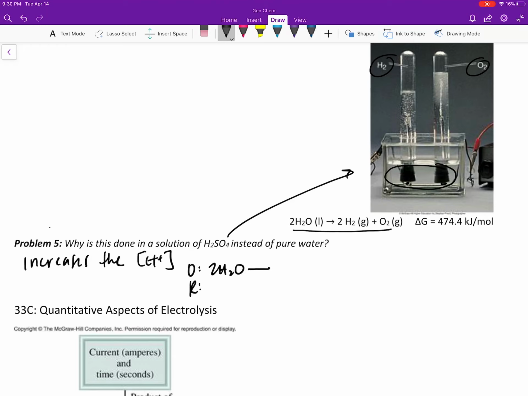The oxidation is the formation of oxygen, forming 4 protons and 4 electrons, and the reduction is going to be the protons gaining the 2 electrons to form H2. And so the H2SO4 is a provider of the H+, which helps to drive the reaction a little bit faster than it would without.